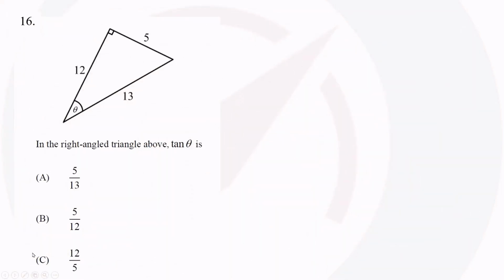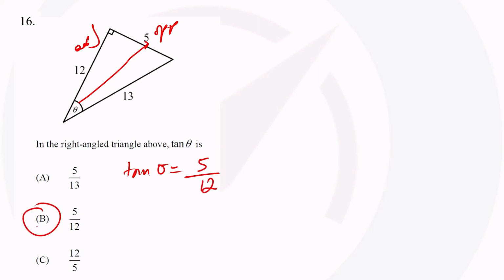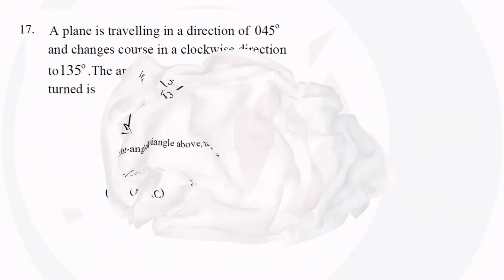The triangle above, tan theta. So we have tan is the opposite over the adjacent. Always label your sides. So tan theta is opposite 5 over adjacent 12, and that would match B. Alright.